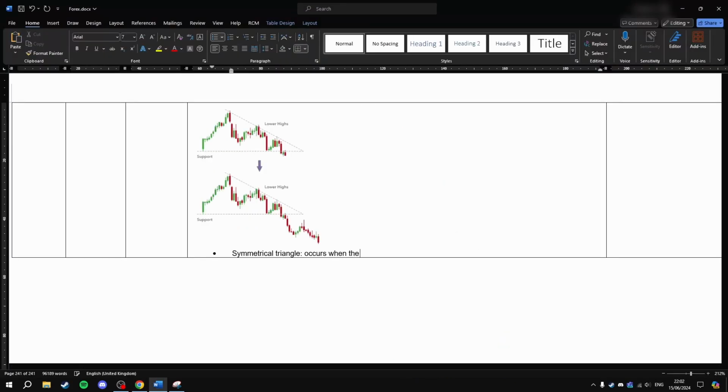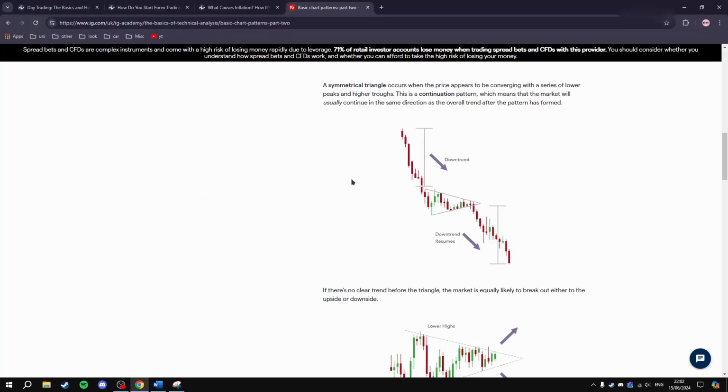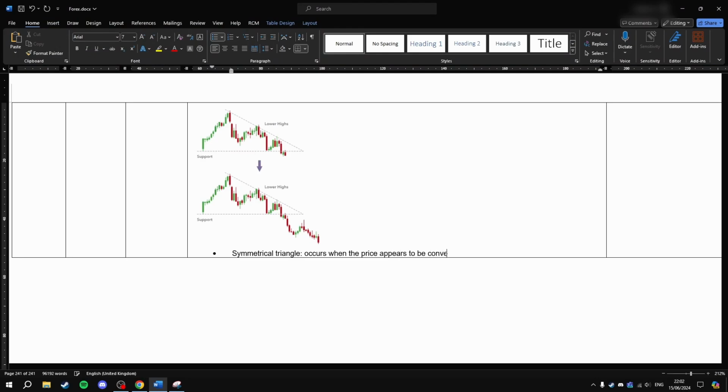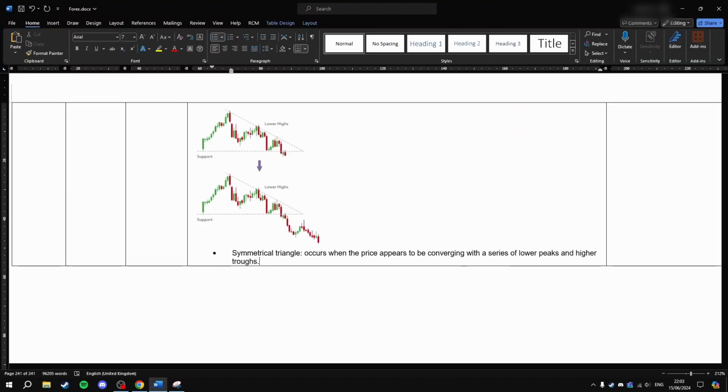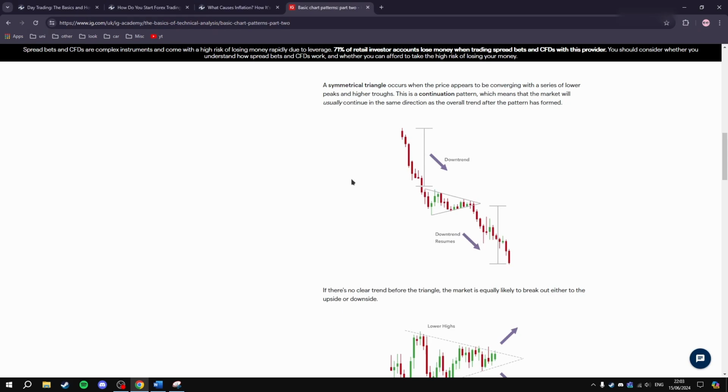This is a continuation pattern, which means that the market will usually continue in the same direction as the overall trend after the pattern is formed.